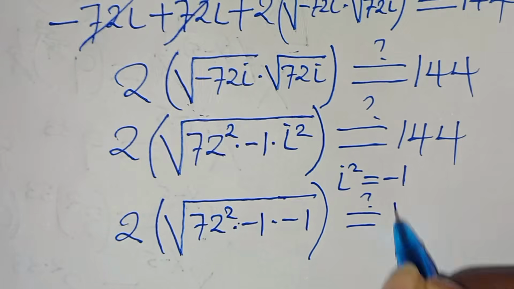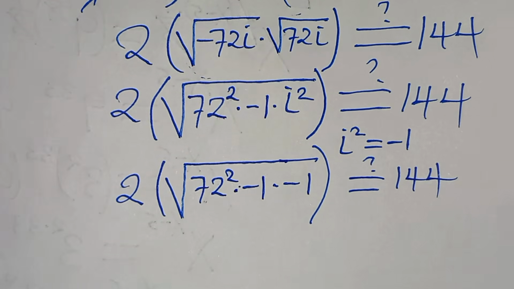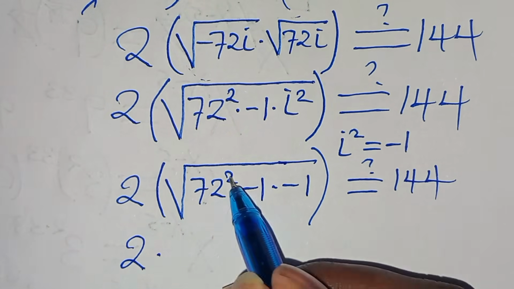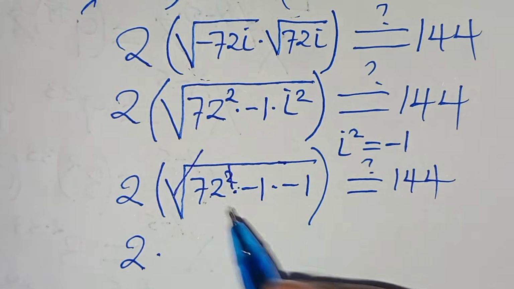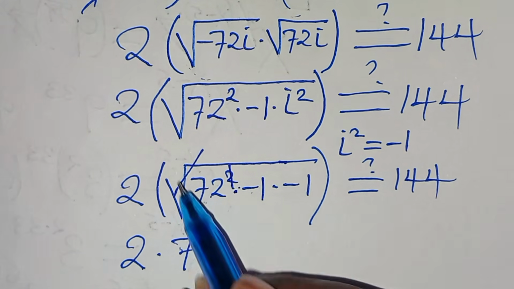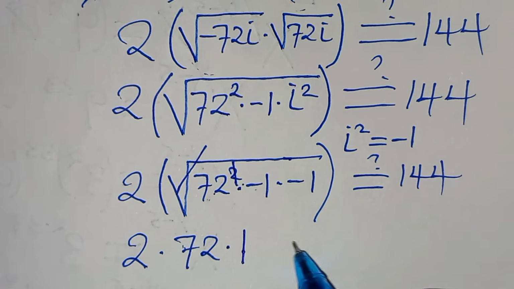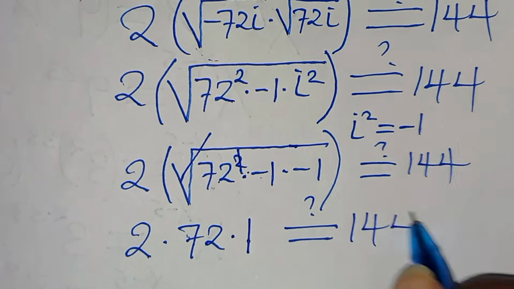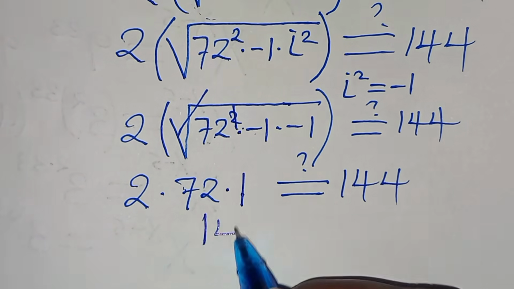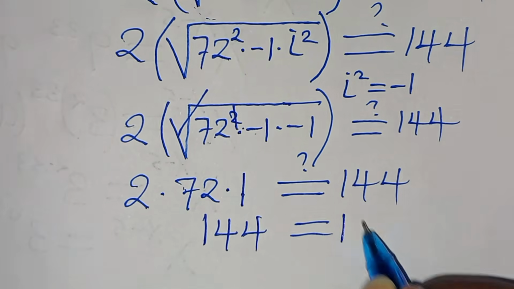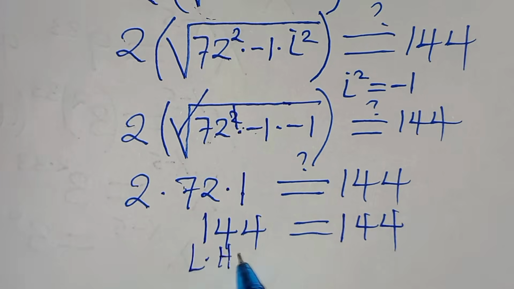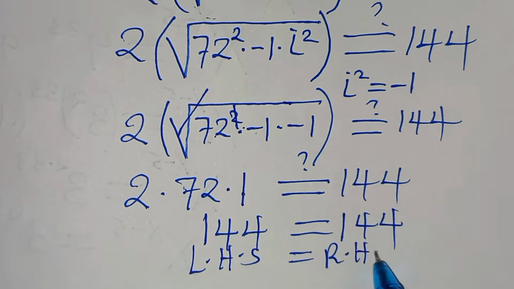This is supposed to give us a value of 144. Now, this implies that we have 2 multiplied by, we can eliminate the square root sign for 72 squared here, so that we have 72 multiplied by minus 1 times minus 1. This is 1. The square root of 1 is 1. And this is supposed to give us a value of 144. So it's clear that 72 times 2 is 144, which is equal to 144. And this implies that the left hand side is equal to the right hand side.